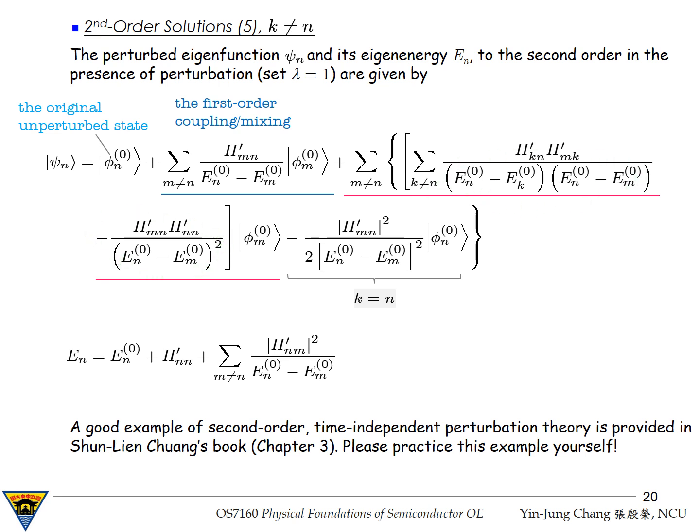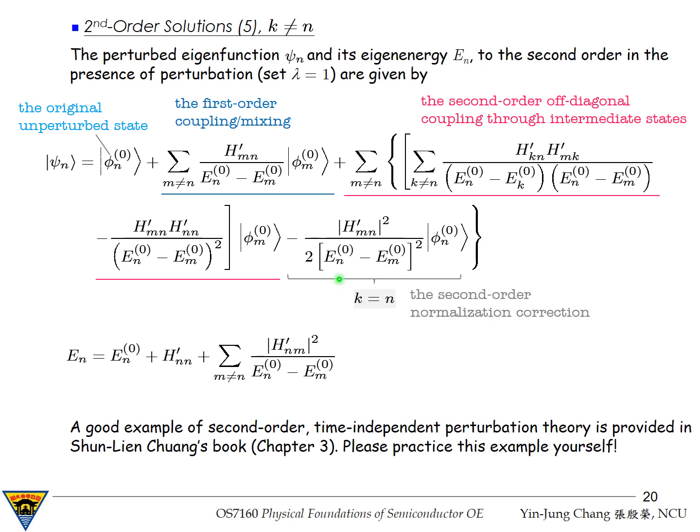And finally, the normalization correction along the original state itself. So although the final wave function expression looks long, it really contains only 4 pieces: the original state, the first order mixing, the second order off-diagonal mixing, and the second order normalization correction.